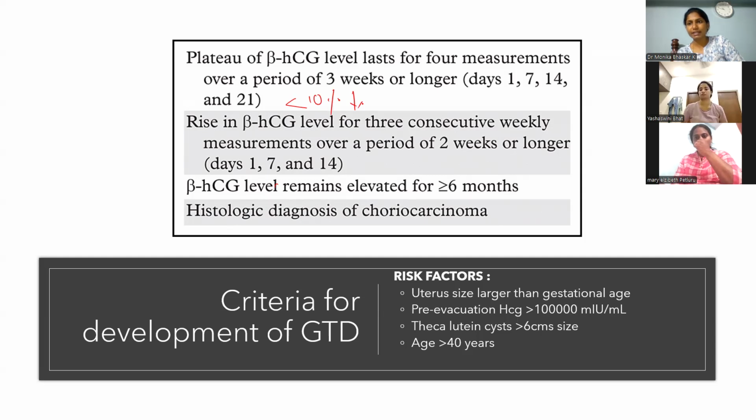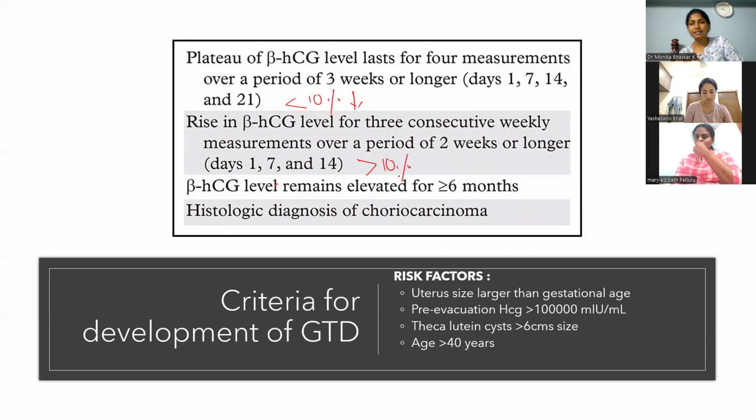That is also one of the criteria for development of GTN. If there is a rise of the beta HCG level of more than 10% in 3 consecutive weekly measurements over a period of 2 weeks, that is day 1, day 7, and day 14, instead of falling, it is rising. Then also there is a probability of GTN.